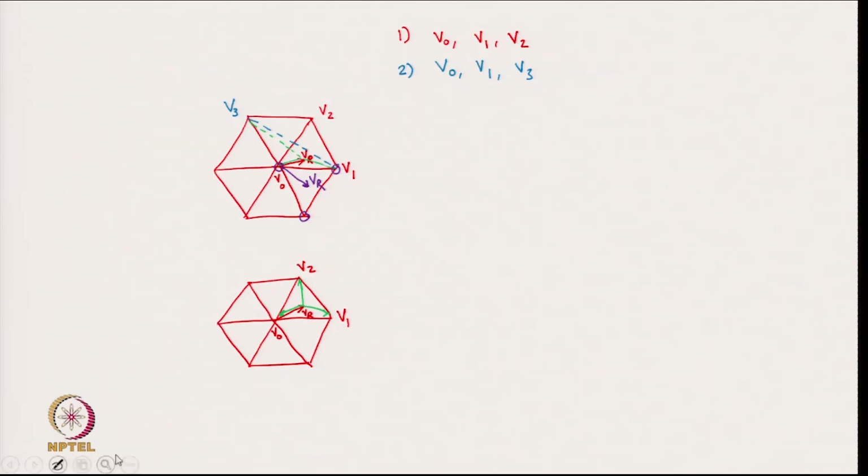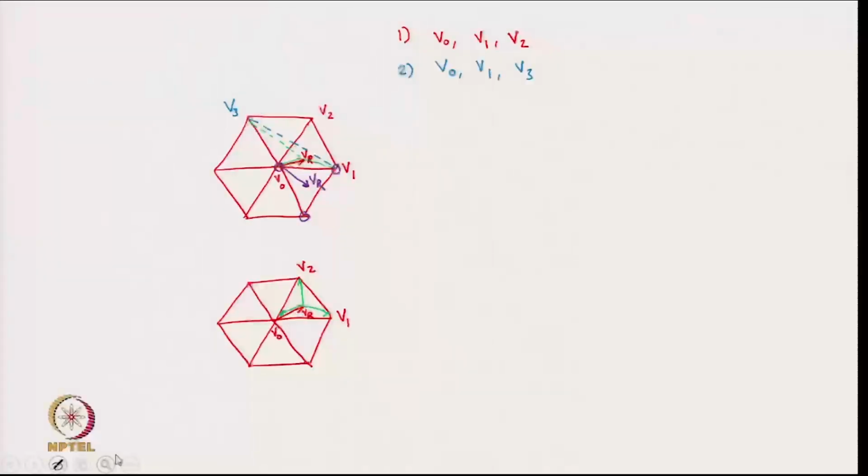One more thing that we will see later is that this is the space vector diagram for a 2-level converter. Later we will see some other converters, called multi-level converters, where these space vectors become more and more dense.